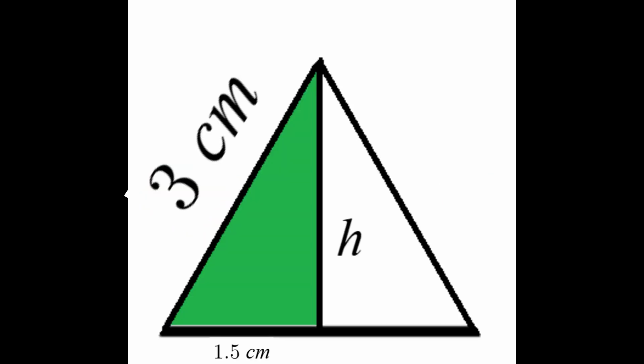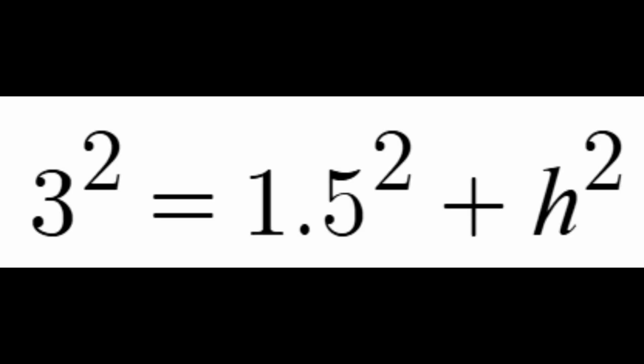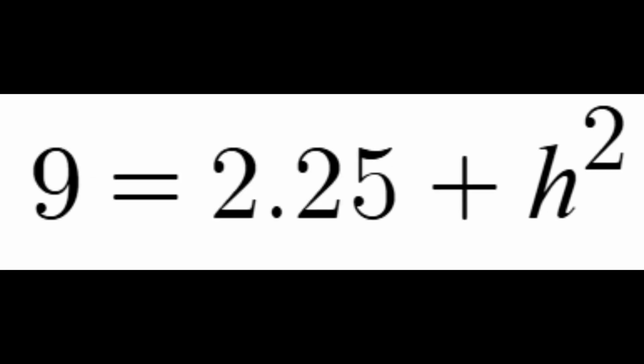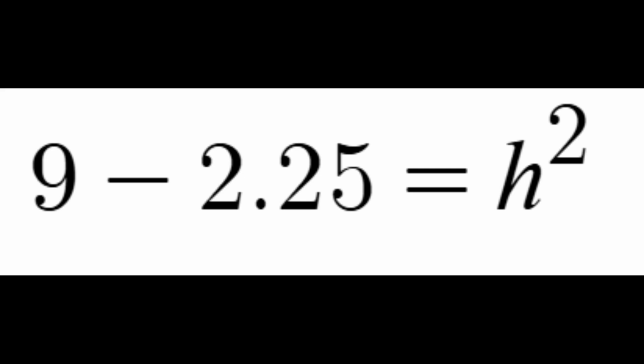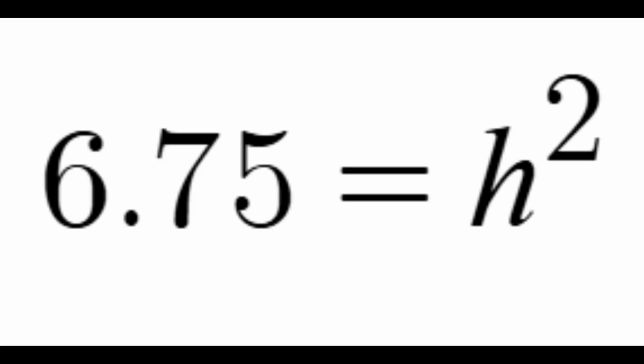Looking at this triangle, we can see it is right-angled, and we want to find one of its sides, so we can use Pythagoras. So 3 squared, which is 9, is equal to 1.5 squared, which is 2.25, plus its height squared. We can solve for the height to get square root 6.75 centimeters is equal to its height.